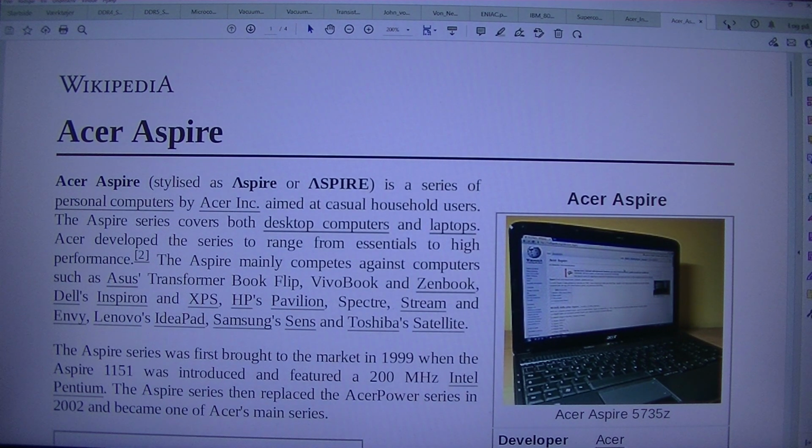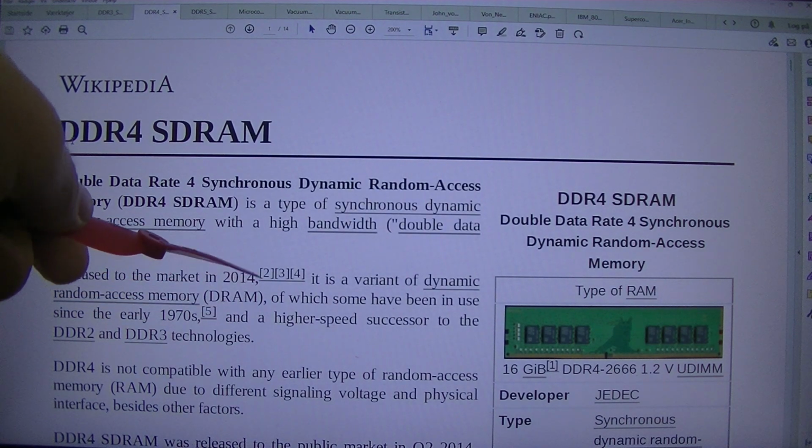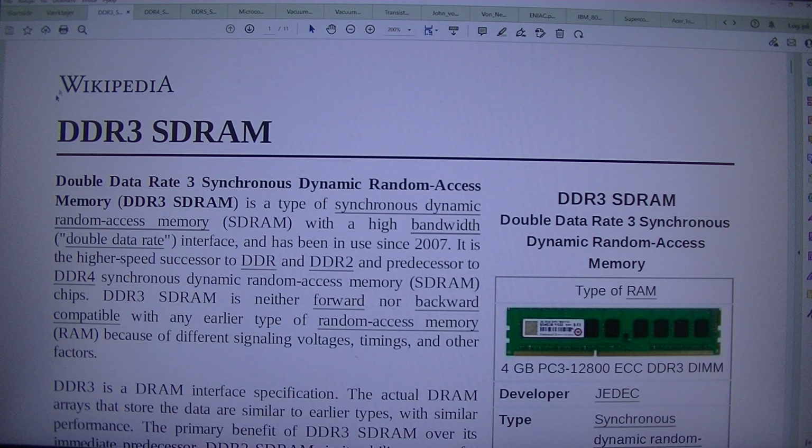I don't know when DDR4 came out. I think that was year 2014. Could be DDR4. But we're reading that DDR3 was in 2007.